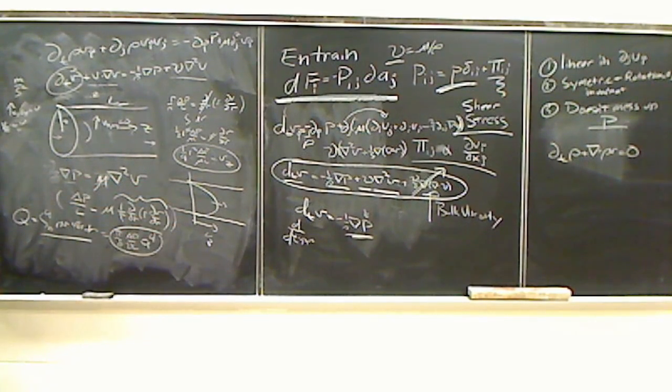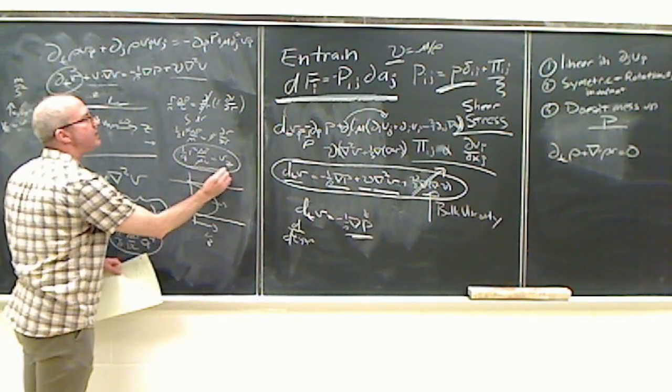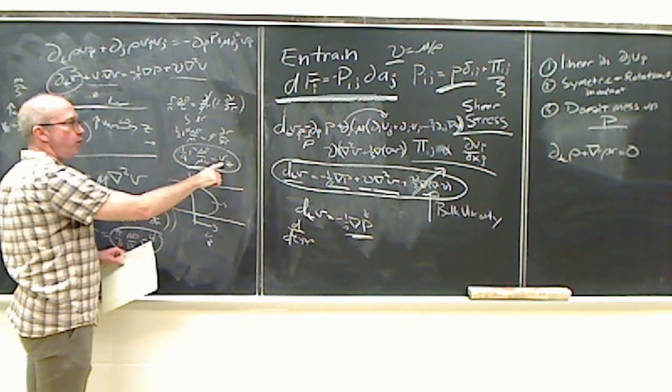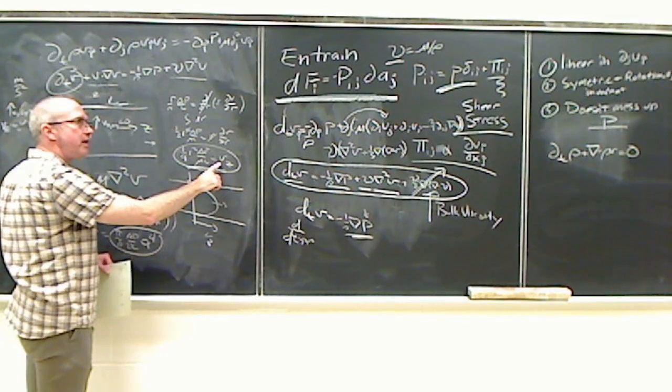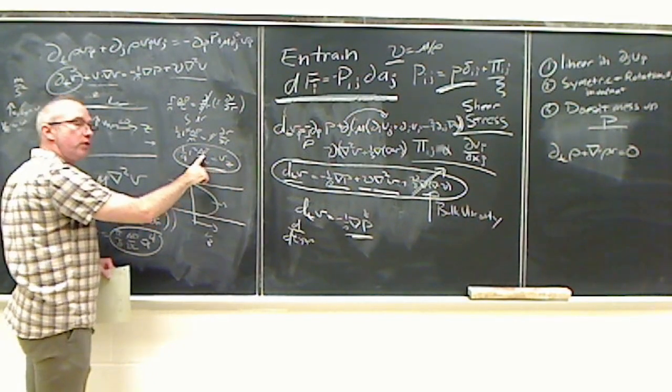Now this only works until the Reynolds number gets large, and then it starts to become turbulent. And then the pressure changes, and then this pressure relationship. So you can think about this as the profile of velocity, or you can think about it as the velocity that you get from a certain pressure.